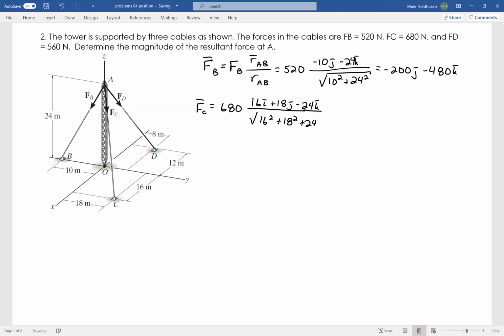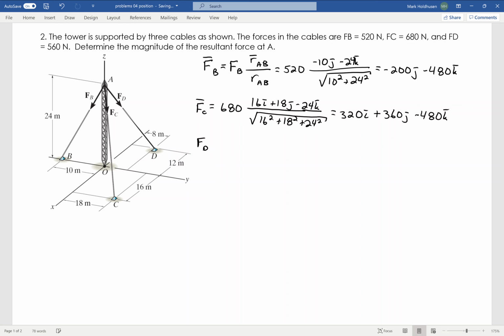Taking 680 times 16 over that magnitude gives me the i, and then the j and k. I'll let you do that on your own. I get 320i plus 360j minus 480k.